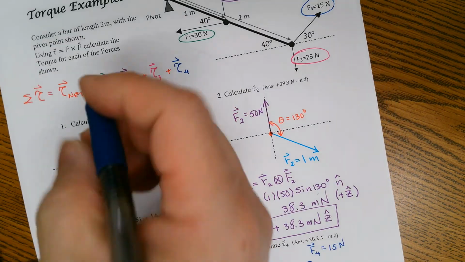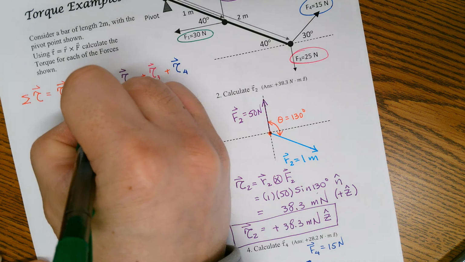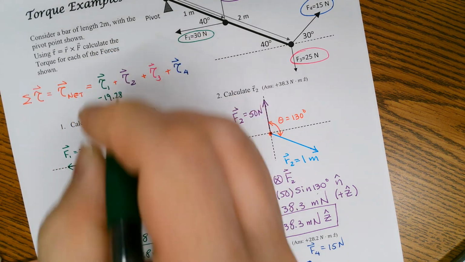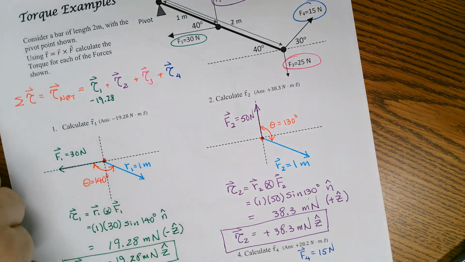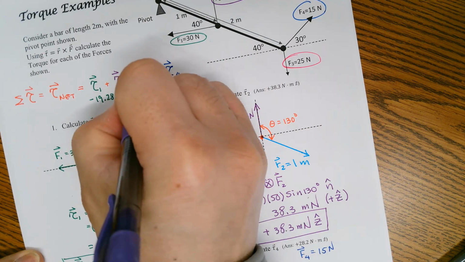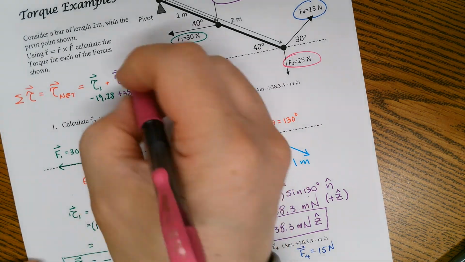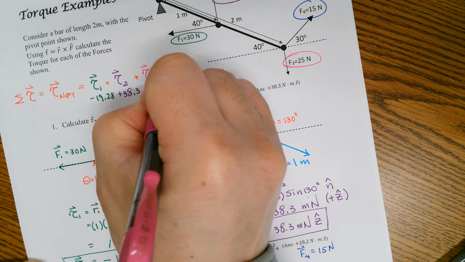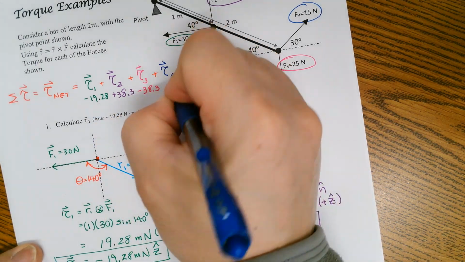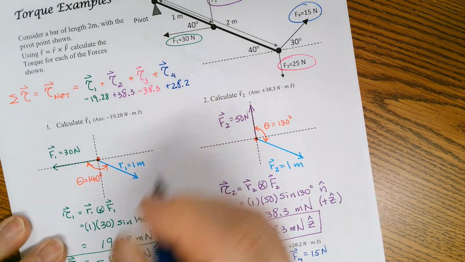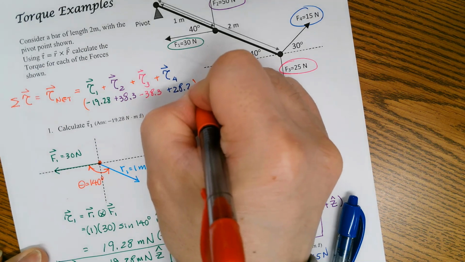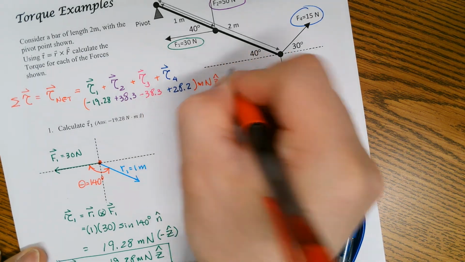So this will be negative 19.28 plus 38.3 minus 38.3 plus 28.2 meter newtons z hat.